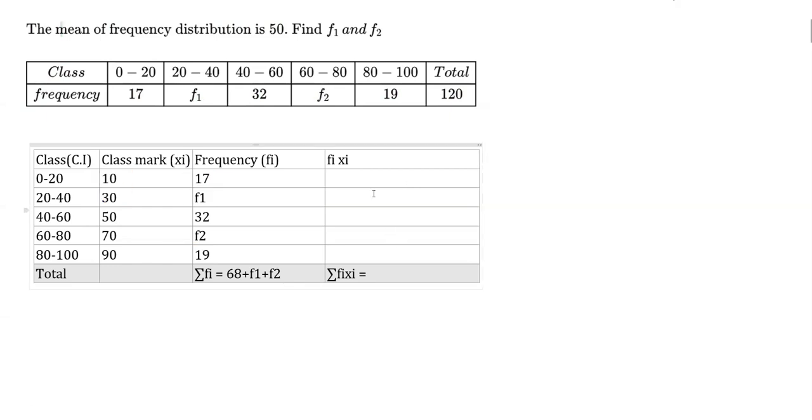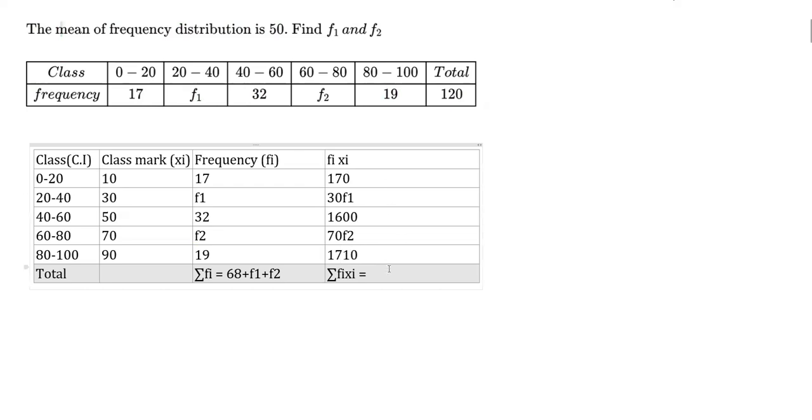As you can see, 17 into 10 is 170. Next is 30 times F1. Next will be 1600, that is 32 into 50. Then next is 70 into F2. That is 70 times F2. And finally, it is 90 into 19. That will give you 1710.